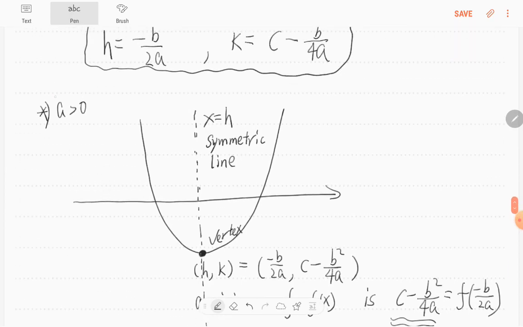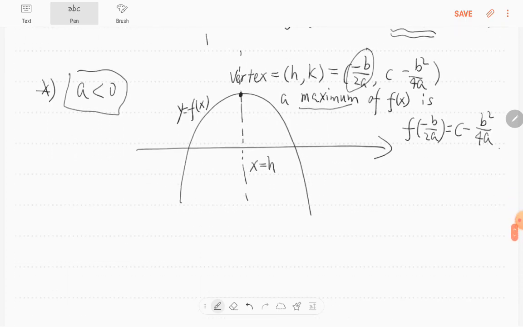If a is greater than 0, you will have a minimum value. You have no maximum value because the curve will increase forever. If a is less than 0, then you will have the maximum value, but you have no minimum value because the curve will go down forever. Okay, so now let's look at some examples.